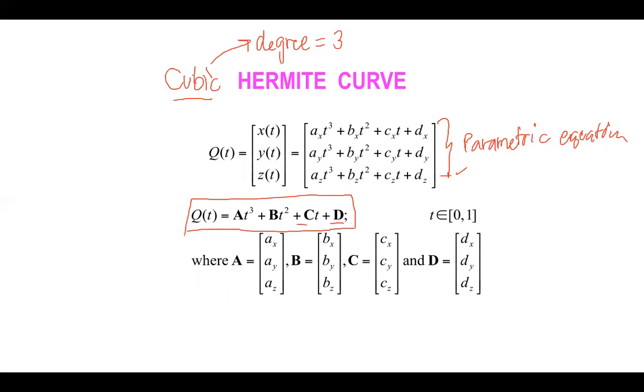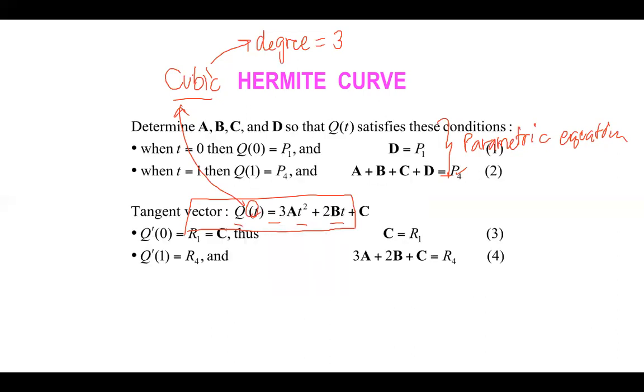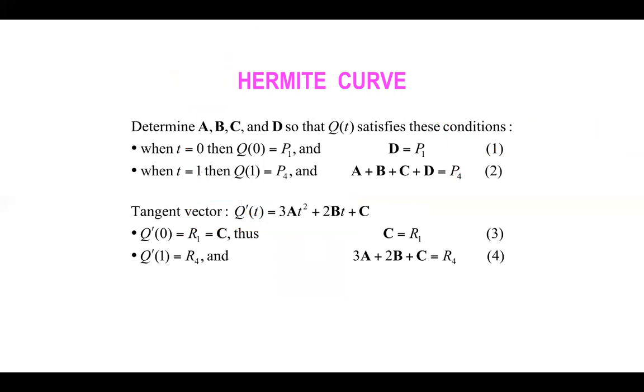Once again, it is a cubic because the highest power is 3. So what we have to do next is find A, B, C, D. For a Hermite curve, you have to give me P1 and P4, and you also have to define R1 and R4, which are the two tangent vectors at P1 and P4 respectively.